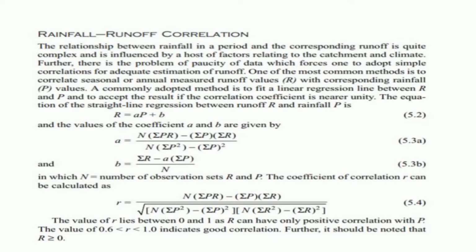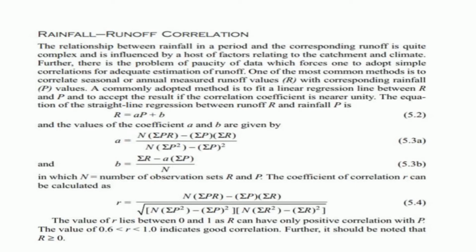One of the most common methods is to correlate seasonal or annual measured runoff value R with corresponding rainfall P value. A commonly adopted method is to fit a linear regression line between R and P and to accept the result if the correlation coefficient is near unity.